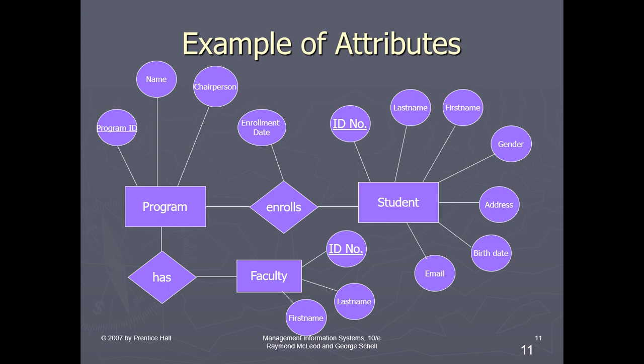So for example, BSIT, there are students who are enrolling in BSIT programs. Or we can put that for the BSIT program, there are students who enroll. It can be either way. So there is a crow's foot notation used, but the 1 and M can still be used.